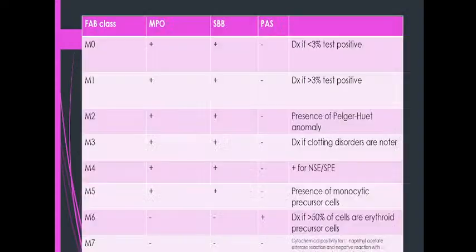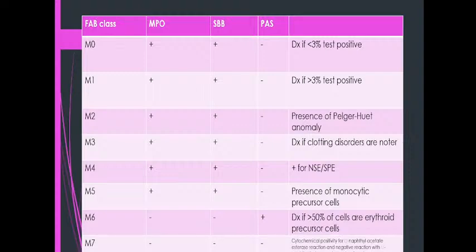Now, let's summarize the cytochemical differentiation of all AML, with the inclusion of ALL, of course. Okay? So, FAB classification, all you need to remember, everything tests positive for myeloperoxidase except for M6 and M7. Bakit? Ano ba si M6 and M7?